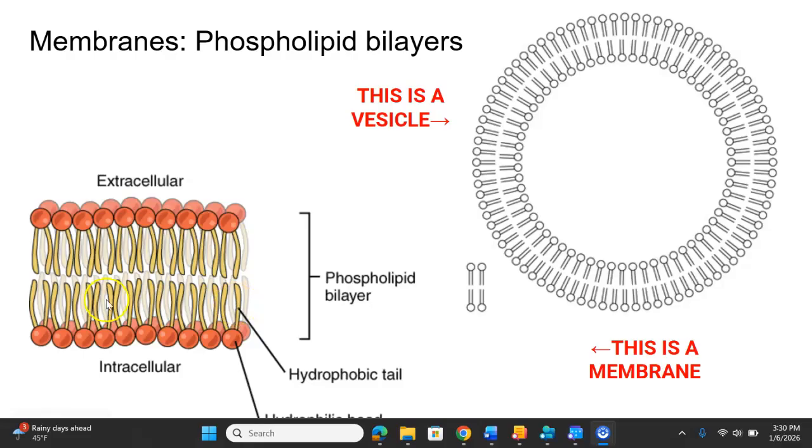All right, so you have two layers of these phospholipids, and their legs are basically pointing at each other because those are the hydrophobic parts, so they are facing away from the water, and a bunch of these surrounding the inside of the cell would make a vesicle. Okay? We'll get into that a little more later, but lipids are incredibly important for membranes.